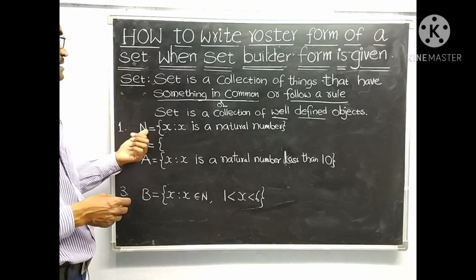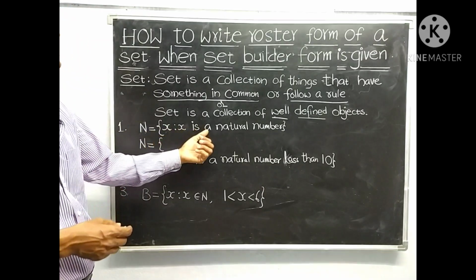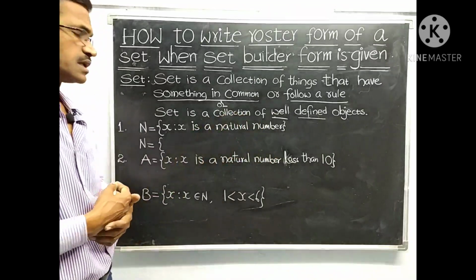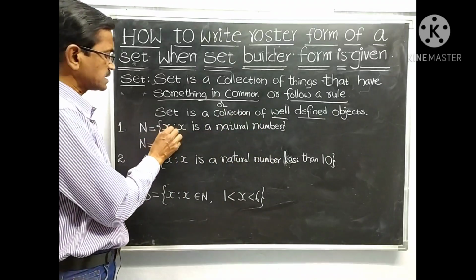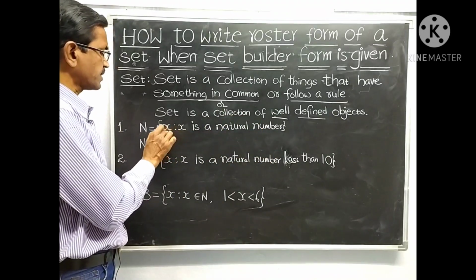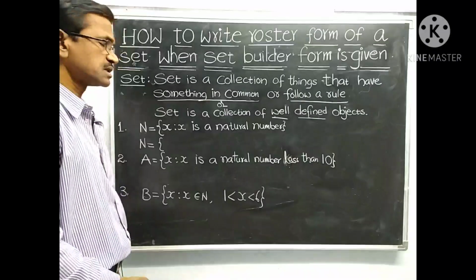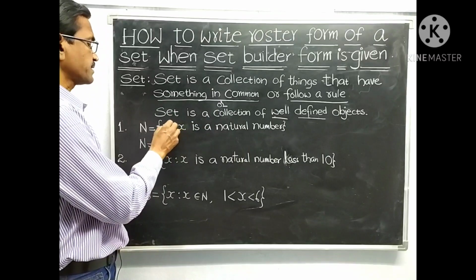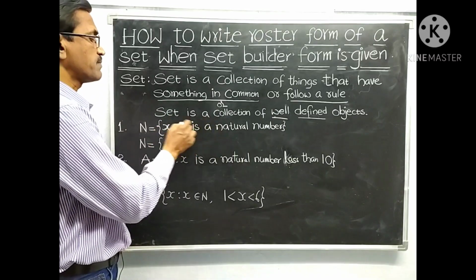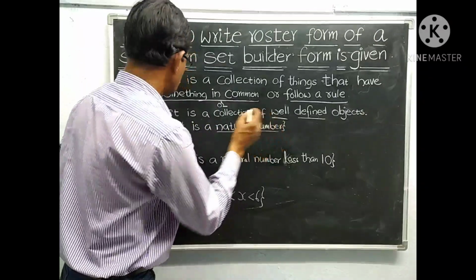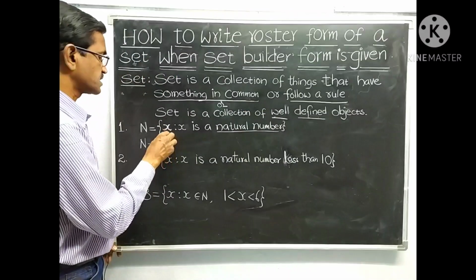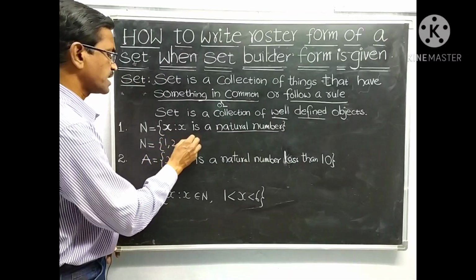First one, N is equal to {x such that x is a natural number}. Here, this x represents the property of all the elements, so every element should have the same property, that is, natural number. So you have to write natural numbers 1, 2, 3, 4.